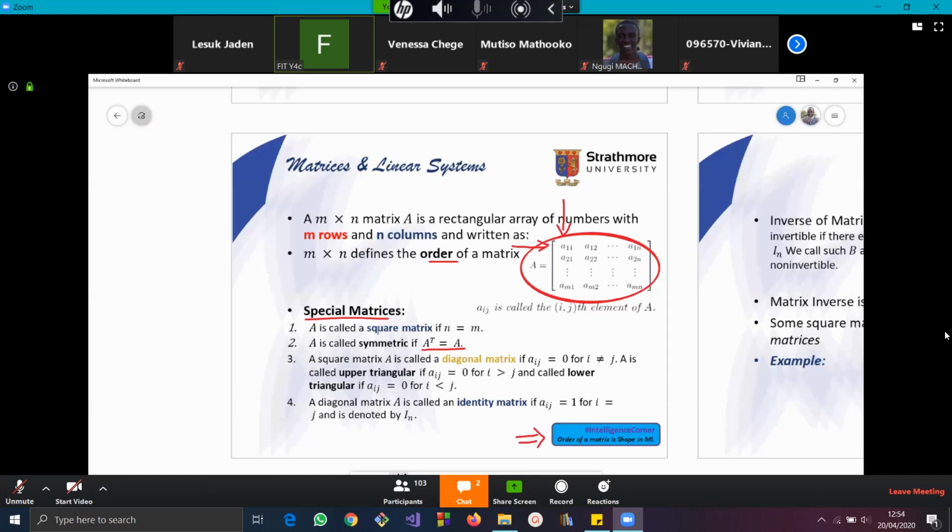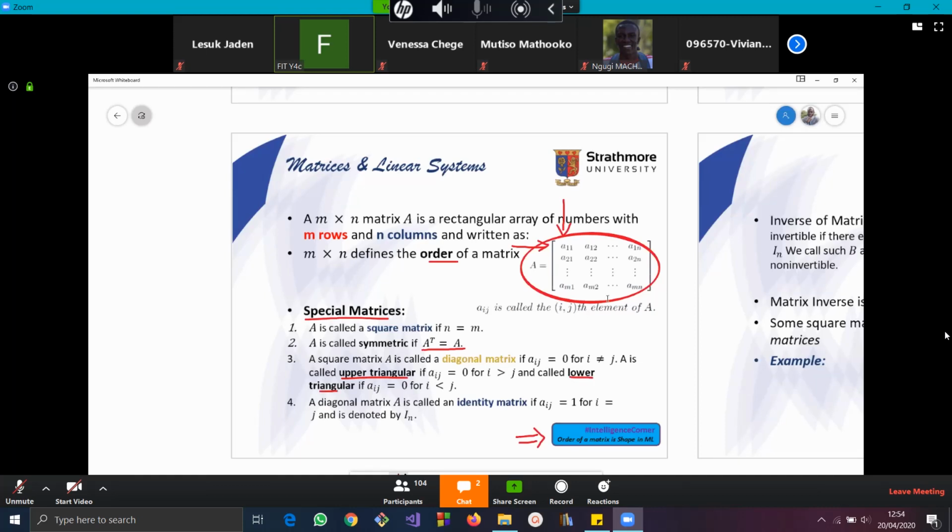Then a square matrix, which you have seen here, is called a diagonal matrix if the off-diagonal elements are equal to 0. Upper triangular is defined here and lower triangular is defined here.